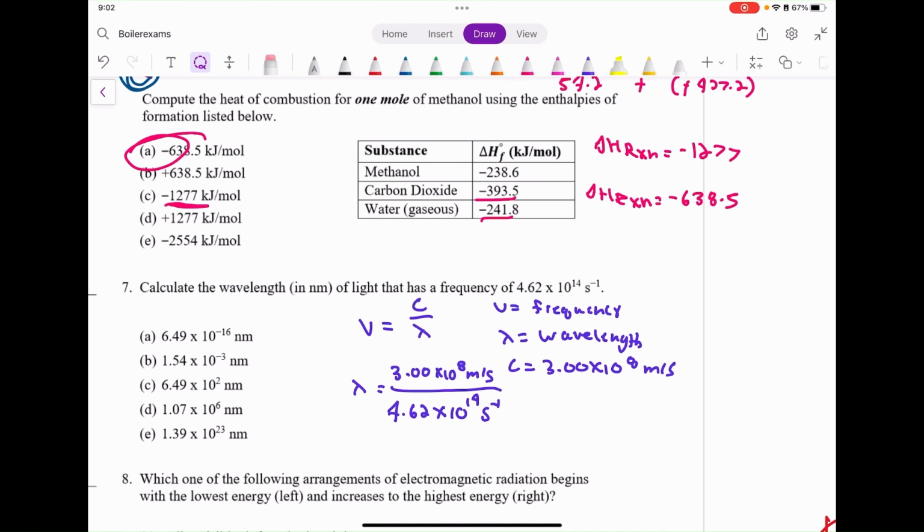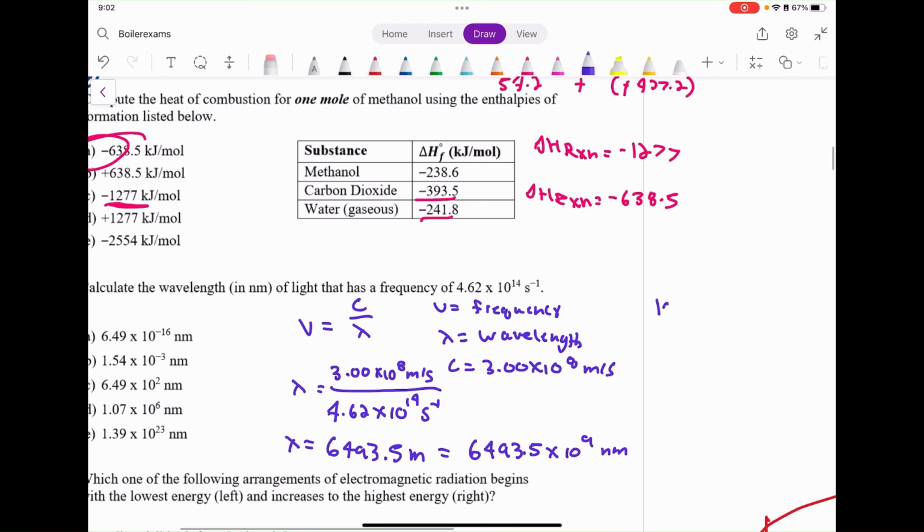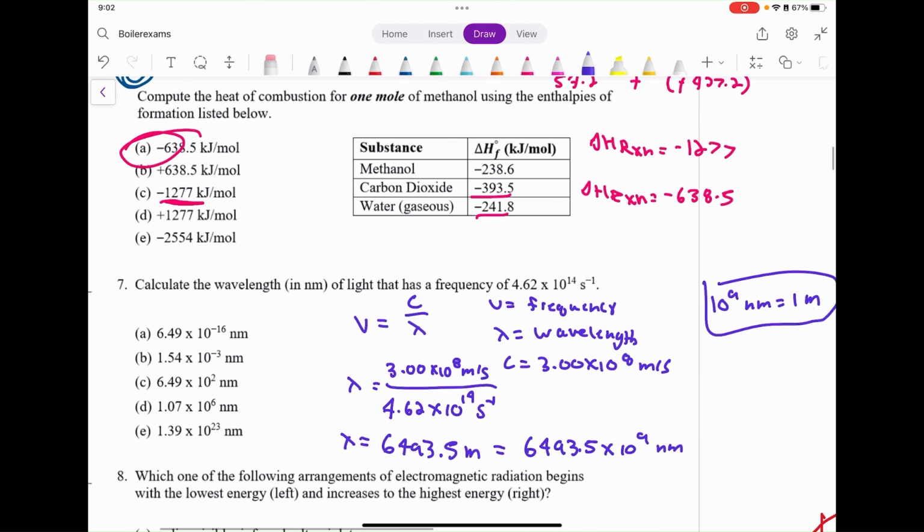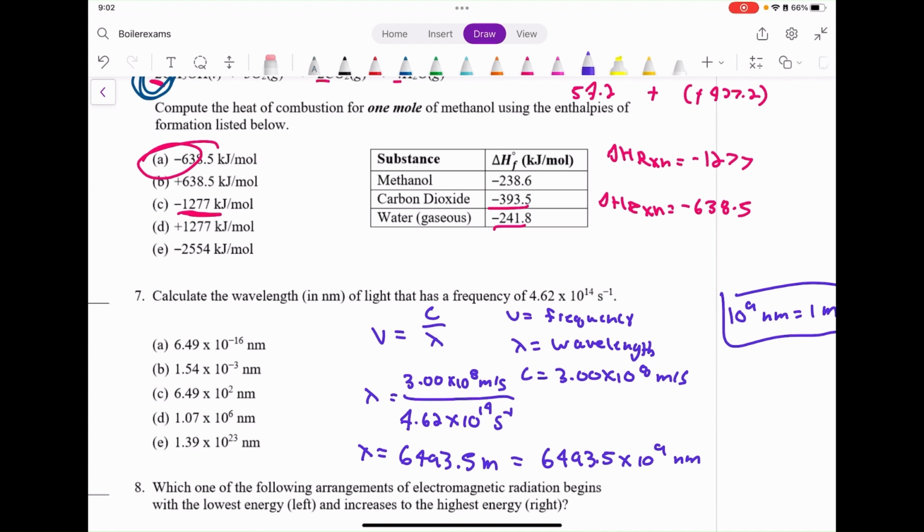Okay, so if we throw this in our calculator, you get a wavelength of 6,493.5 meters, which is 6,493.5 times 10 to the 9th nanometers. There are 10 to the 9th nanometers in 1 meter. That's a useful conversion. So, which answers this?